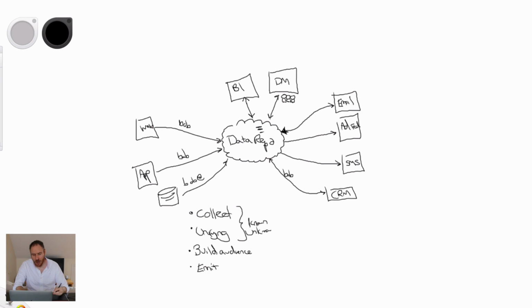We need the pipes in place so that once the marketer has built that lovely audience of, say, qualified people we're trying to target, it can flow into all the downstream activation systems so that, again, marketers can log in and they can send that email to that audience, or they can bid in Google Ads on that particular person and show them a particular ad, or they can send a message to their mobile phone through SMS.